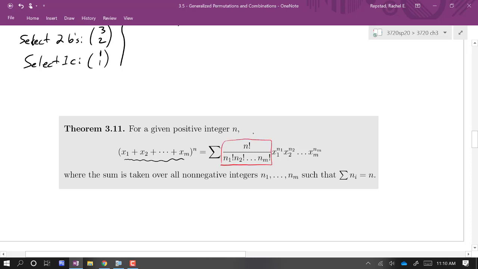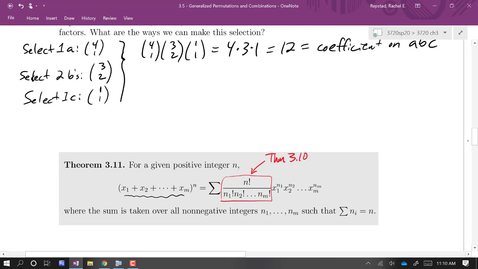Now, it's not just a single combination. This is the formula from theorem 3.10 at the bottom of the previous page, but it's the same thing we find when I go about it this way. I use the combinations there, but that's the same formula that we saw in that theorem.